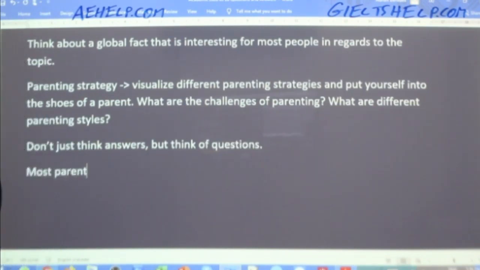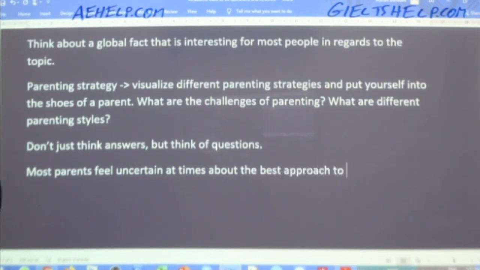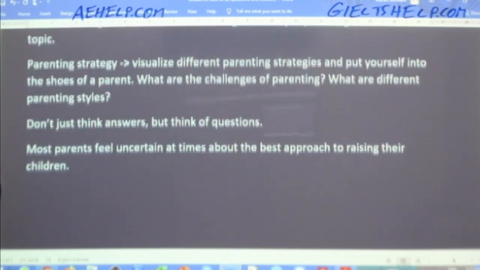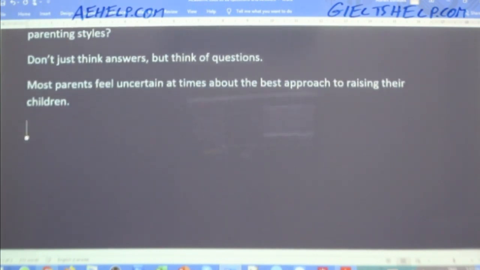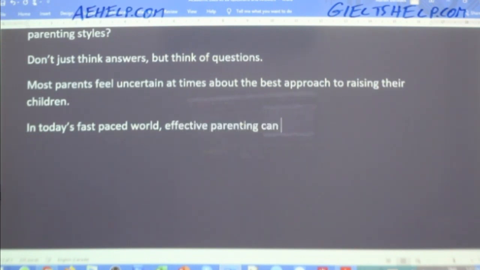Most parents feel uncertain at times about the best approach to raising their children. Okay? Or in today's fast-paced world, effective parenting can be very challenging.